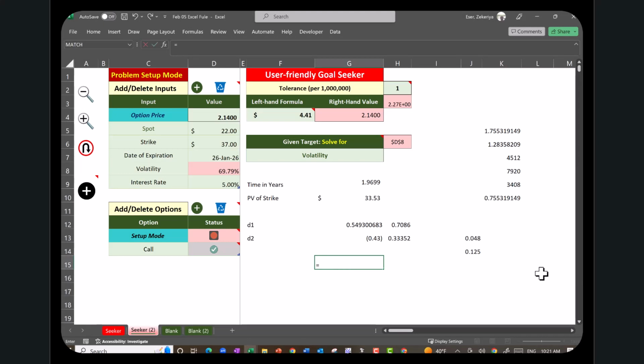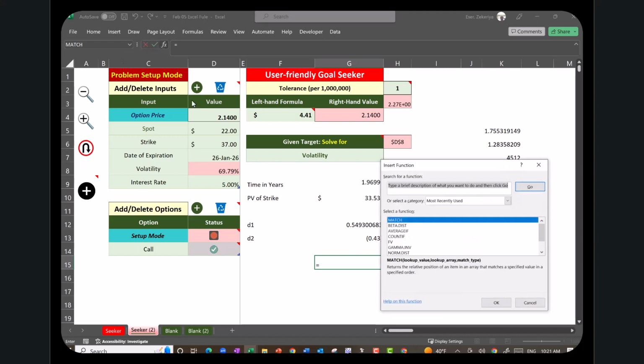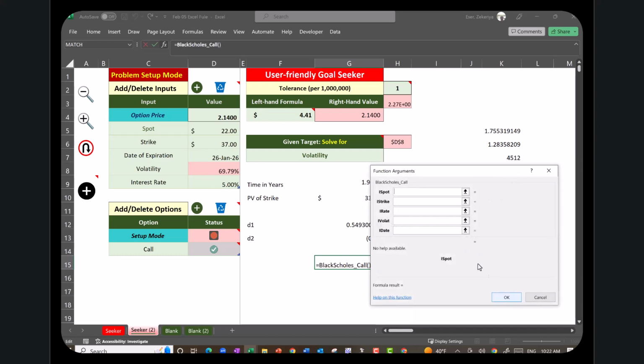Again, this is a function you created. Initially, you can always go to the function helper, select user defined, find your function, Black-Scholes call, put in your inputs: spot, strike, interest rate, volatility, and where are you? Date.